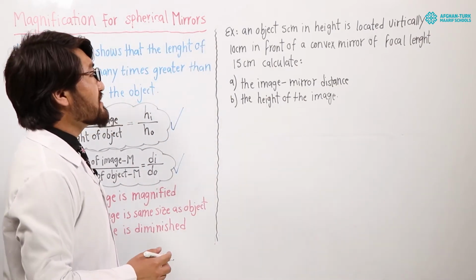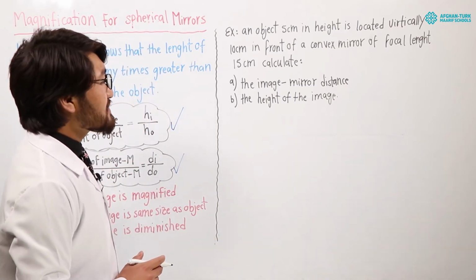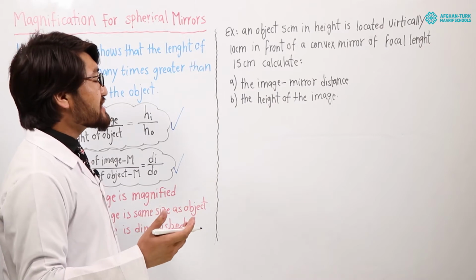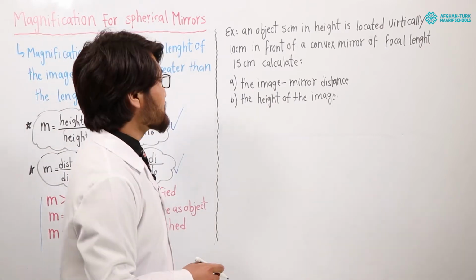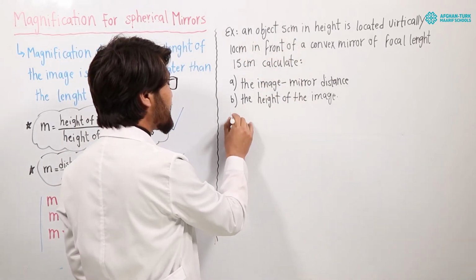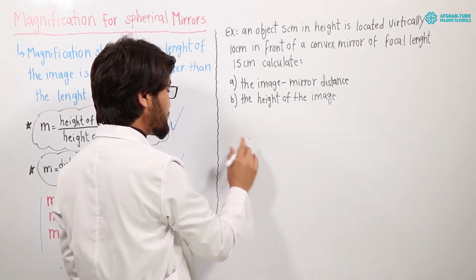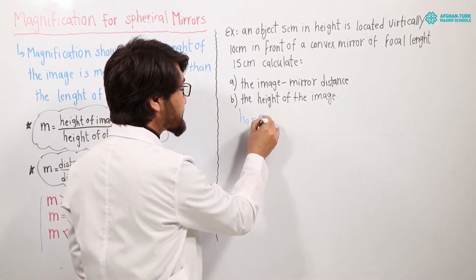Now I will solve some questions about the spherical mirror equation and also magnification. Example: an object has height HO equal to 5 centimeter.